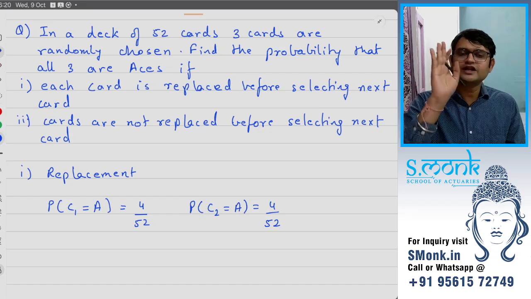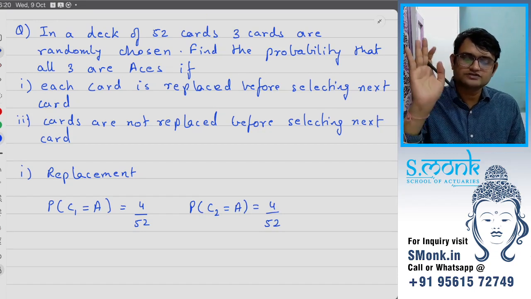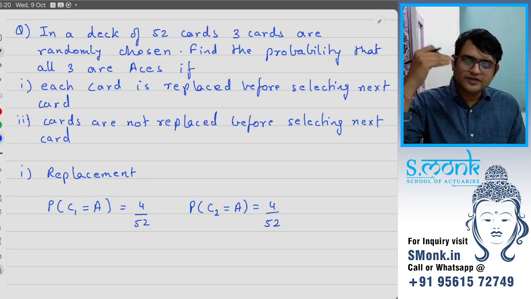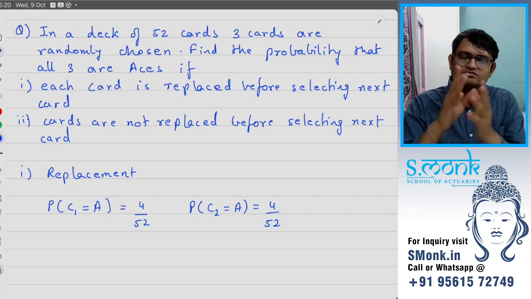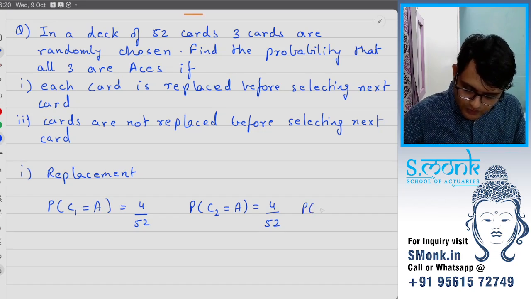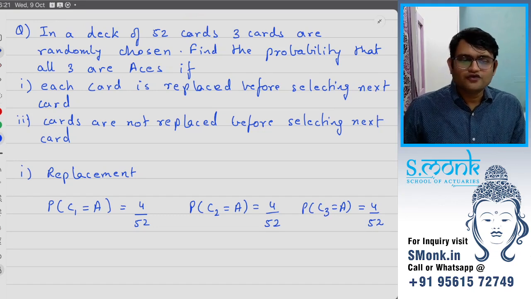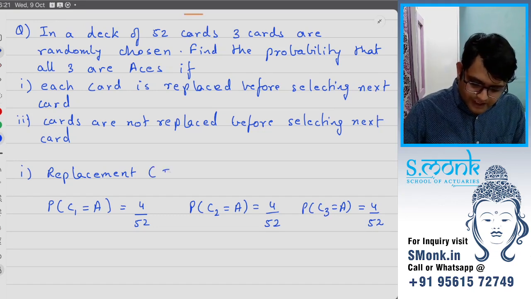Again, I selected the second card. I saw it. It does not matter whether it is an ace or not. I replaced it back into the deck and shuffled it before I selected the third card. So probability of card 3 being an ace is also 4 by 52. Whenever we have replacement, this just means they are independent.